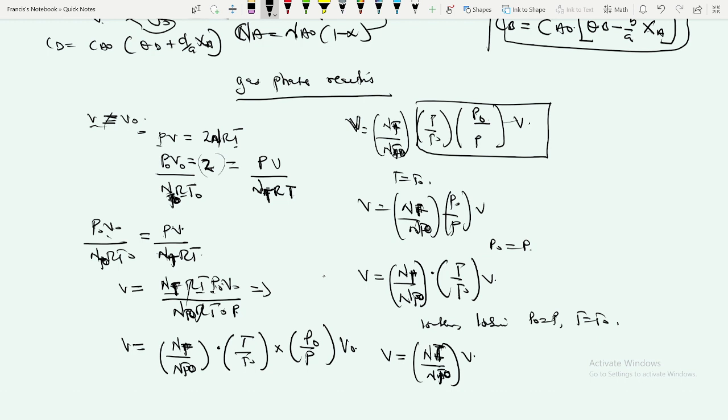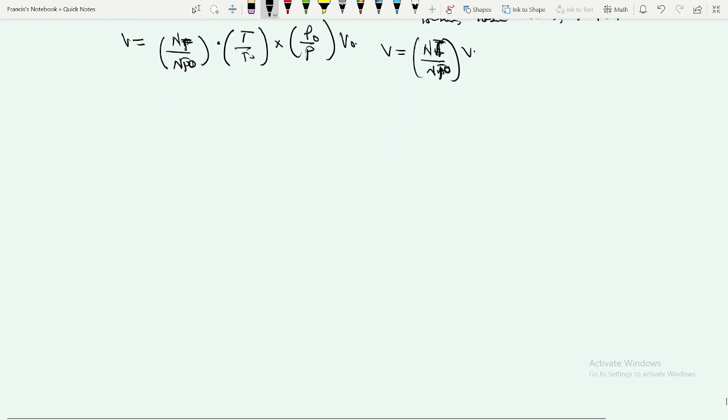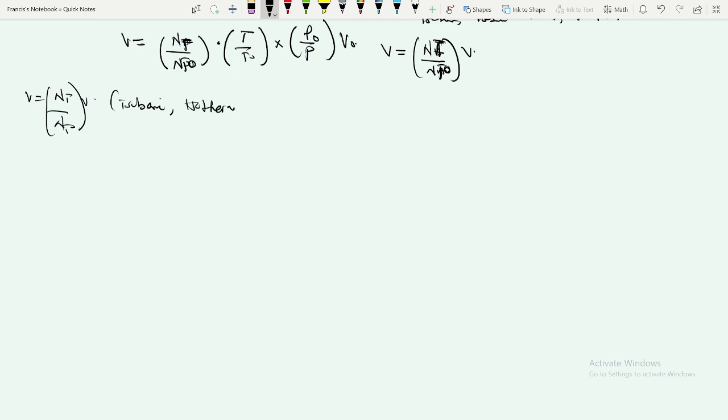Now we can make some derivations here. From the stoichiometric tables, we derive that. Now we said V is equal to Nt over Nt naught multiplying V. And we said that this is when we are looking at isobaric and isothermal both occurring.